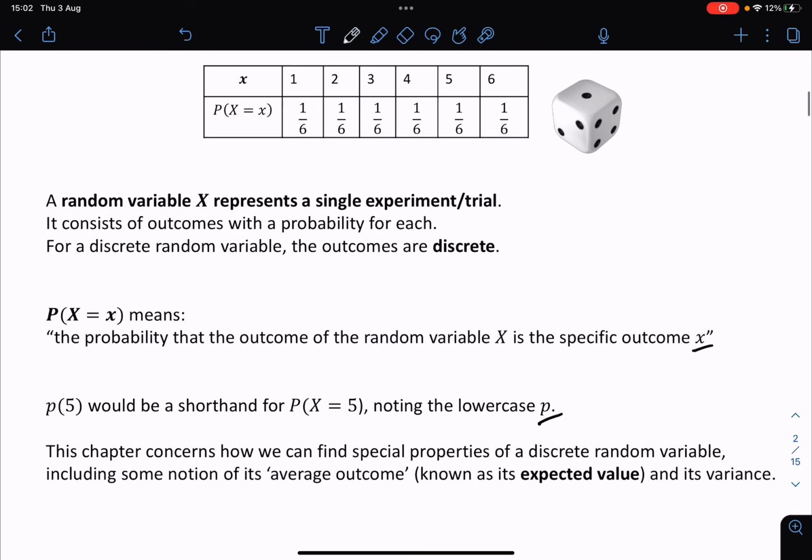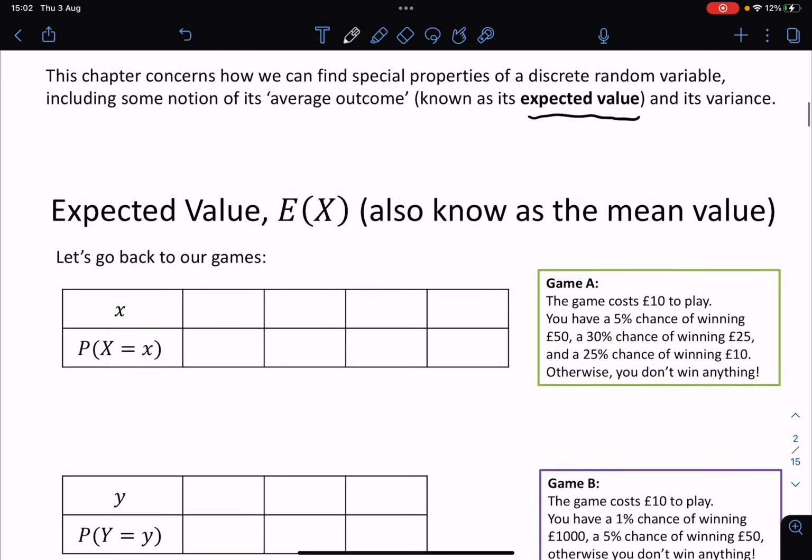This chapter concerns how we can find special properties of a discrete random variable, such as its expected value, which is quite important, and its variance.